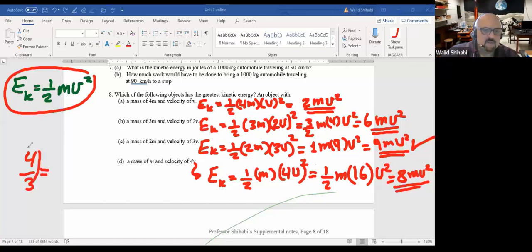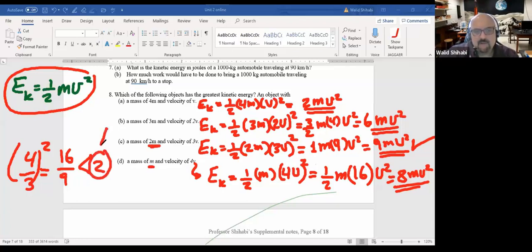You square it, of course, the ratio in terms of square is 16 over 9, and 16 over 9 is less than 2. The mass here is double, so C has twice the mass of A. So the effect of the mass is bigger here, because the velocity, although when you square 1.33, this will give you 16 over 9, which is like 1.777. It's less than 2. Anyway, 1.3 squared is less than 2.